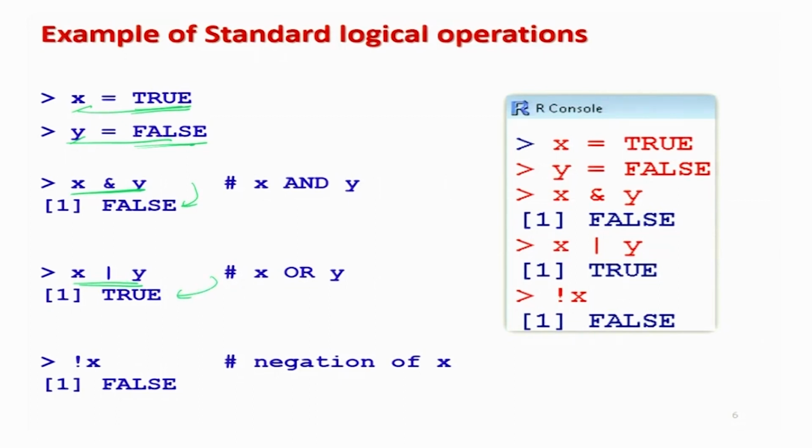And if you consider the negation of x, then you have to write an exclamation sign and x. Since x here is true, the negation of x is false. So you can see this is how the truth table works.